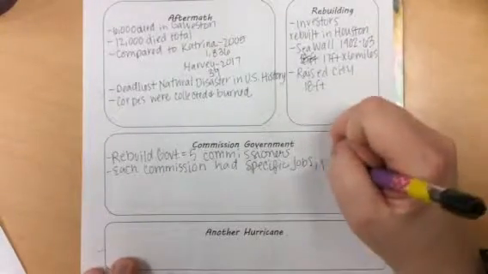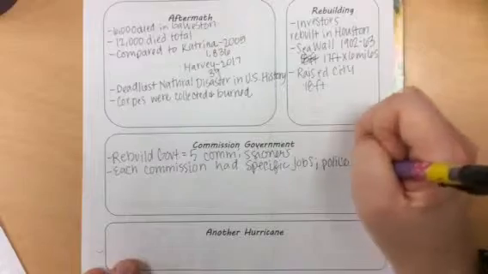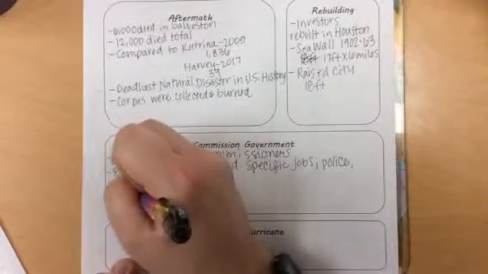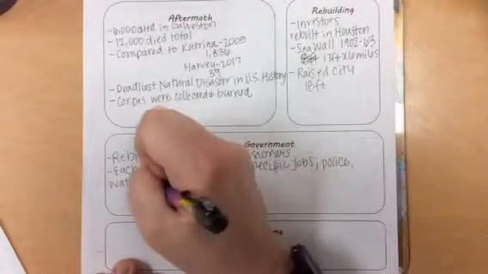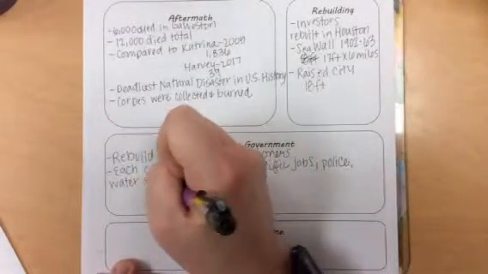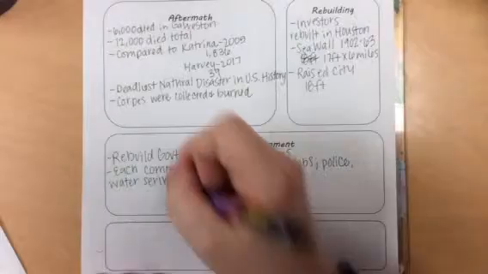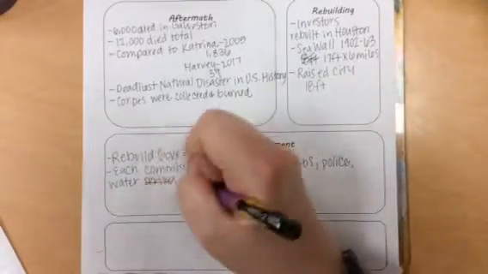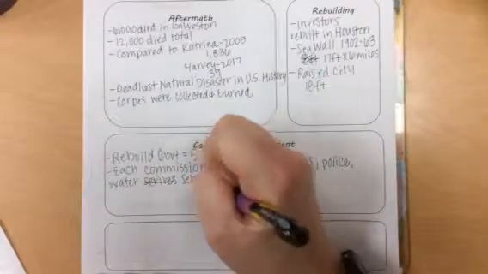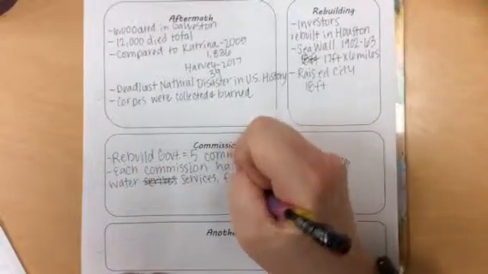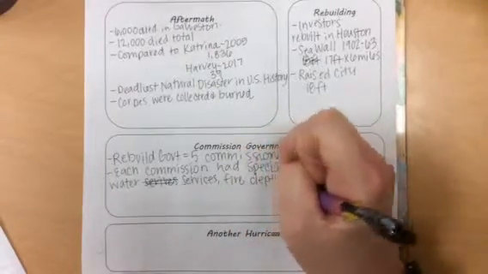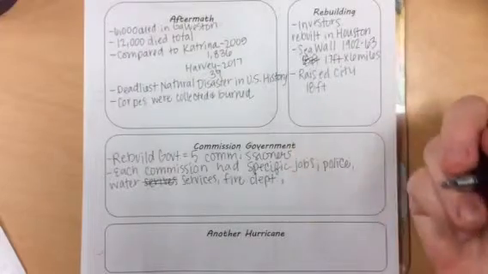So there was a police commission, and everyone on the police commission was in charge of police, getting crime down. Another one was in charge of securing water services, which I totally spelled wrong. Services. Another one was in charge of putting out fires and making sure gas lines were not being disrupted, reassembling gas lines, things like that.